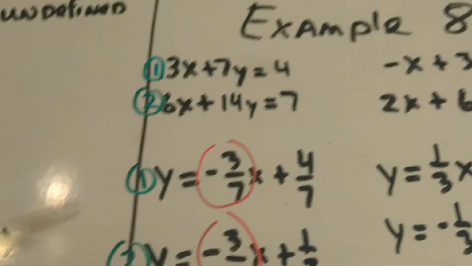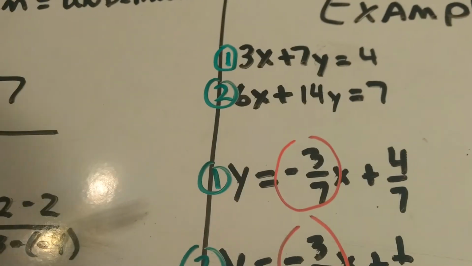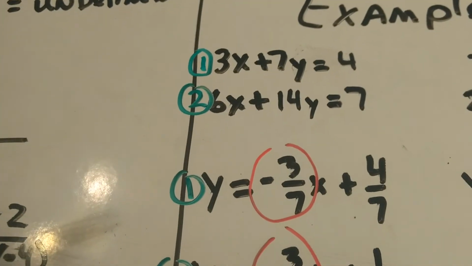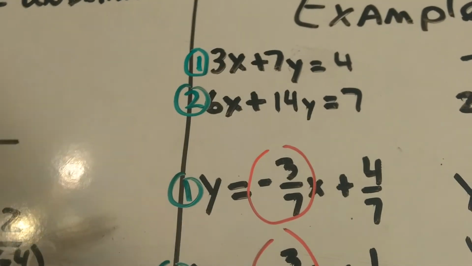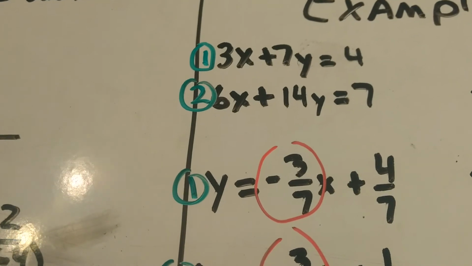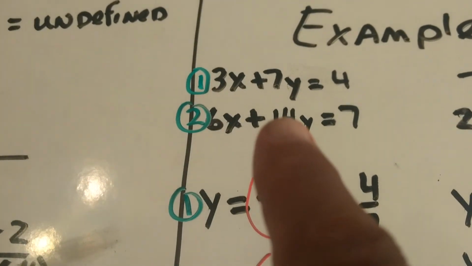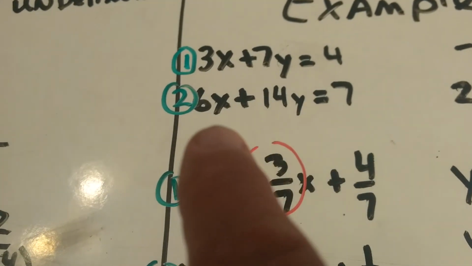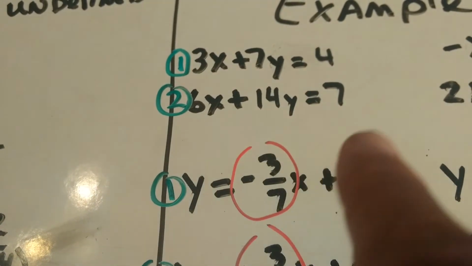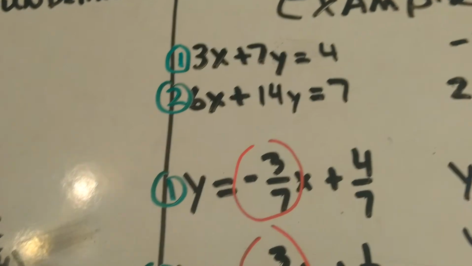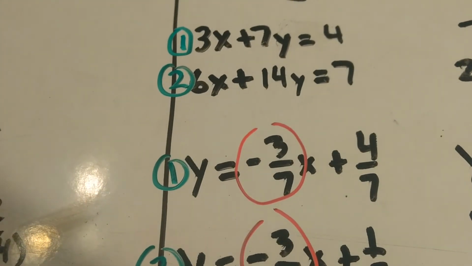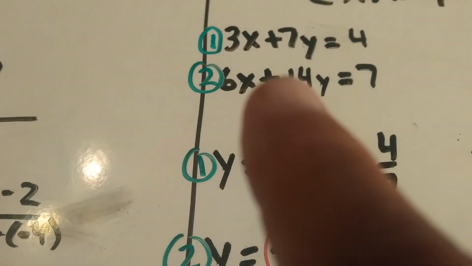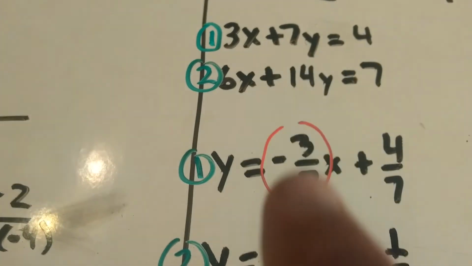Come to example 8, we've got 2 problems here. They give us 3x plus 7y equals 4, and 6x plus 14y equals 7. I've labeled 3x plus 7y equals 4 as equation 1, 6x plus 14y equals 7 as equation 2. It wants to know if these lines are perpendicular, parallel, or neither. So what we did was we took equation 1, subtracted 3x over, divided by 7.